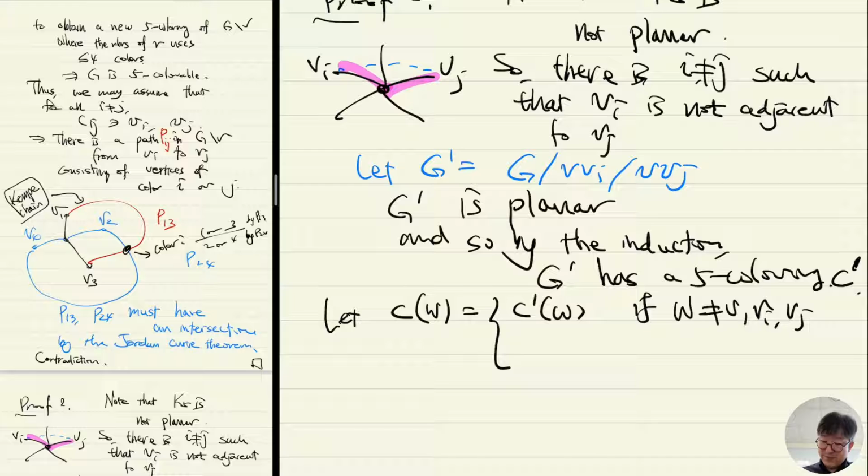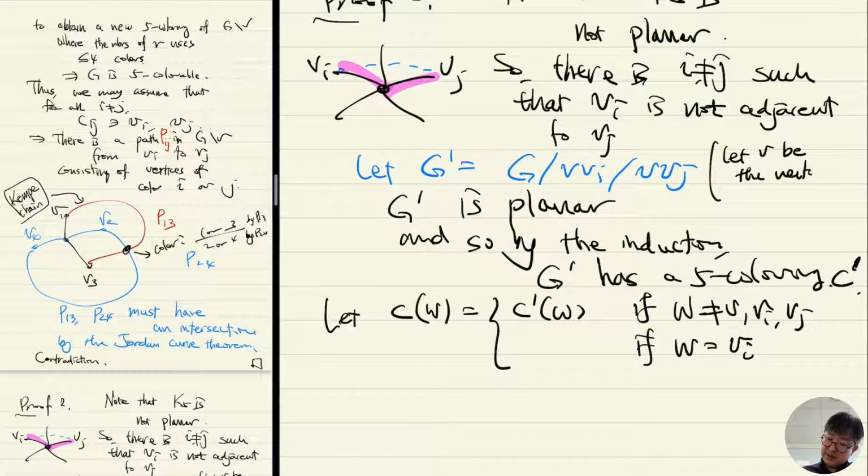And if W is equal to V, then okay, after contraction, let V be the vertex of G prime obtained by contraction. So let's use contraction. Oops.